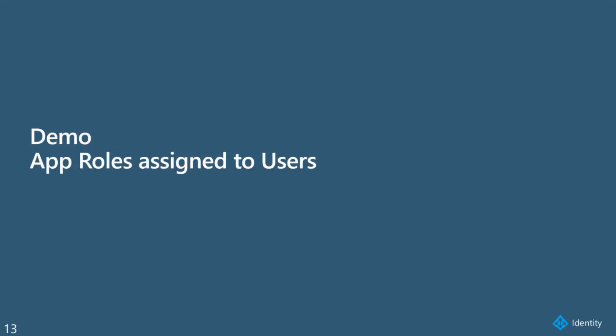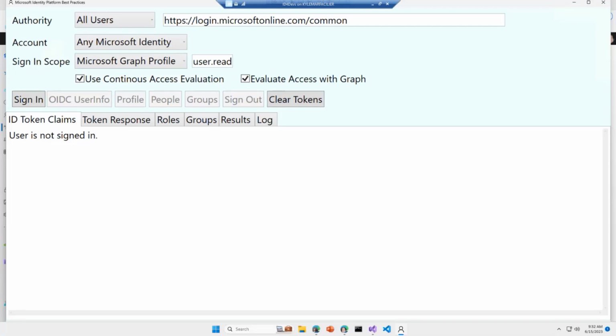Okay, so another way to avoid this, we looked at one way, which is to go ahead and use groups that are assigned to the application. And that does work, but it's still possible to get into an overage situation. Another way to do it is to say, well, as a developer, I don't really want all the different group information.